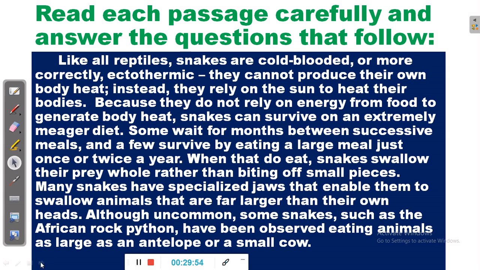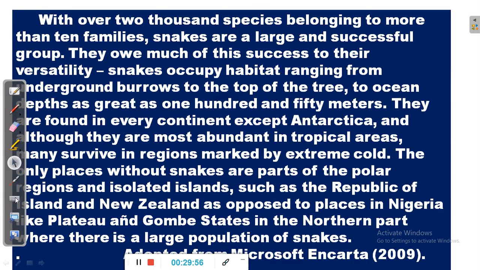Okay, paragraph 2, you can see that we have just 2 paragraphs making up the entire comprehension passage. With over 2,000 species belonging to more than 10 families, snakes are a large and successful group. They owe much of this success to their versatility.